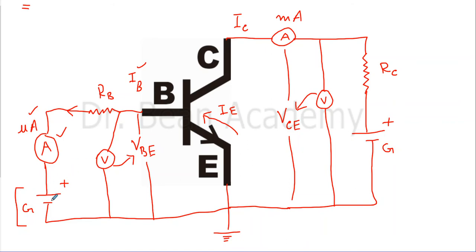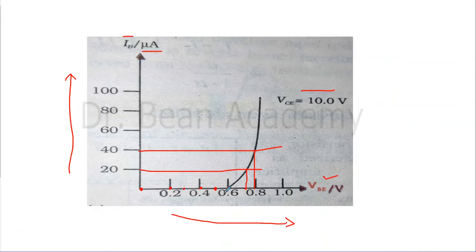Then you need to change this voltage so that you can vary it, and you know why the current will start rising after 0.6, because that is the potential barrier at the PN junction.